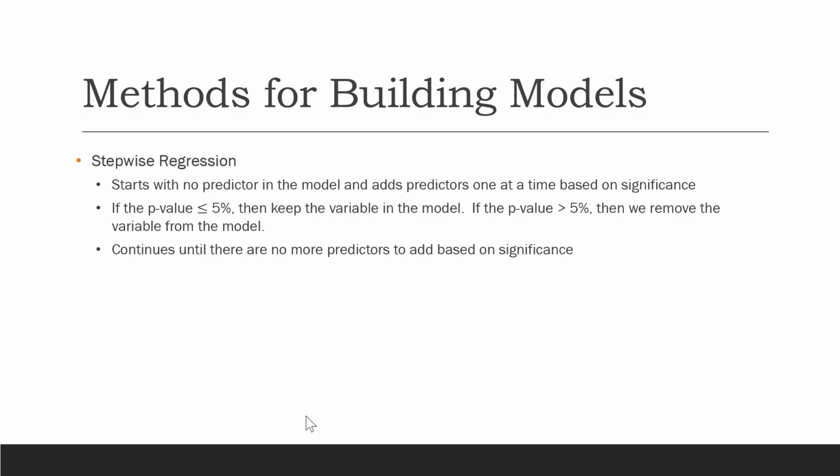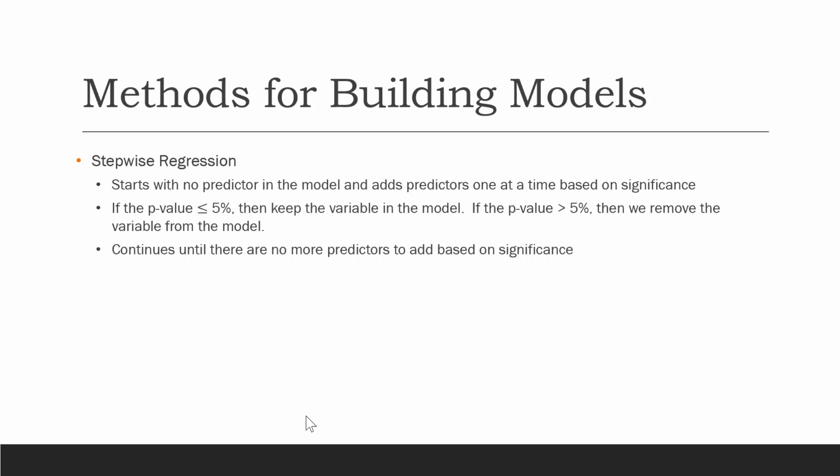If it is not significant, that means the p-value is greater than 5% or 0.05, we'll remove it, throw it away, and then try the next predictor. And then we'll continue this process until we've gone through all of the predictors and only the significant predictors are in my final model.